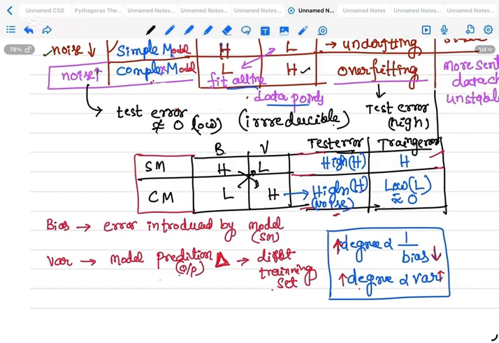If we change the input, how the output varies with respect to the input changing is called the variance. Variance refers to the variability, the change of the prediction output with respect to the input.